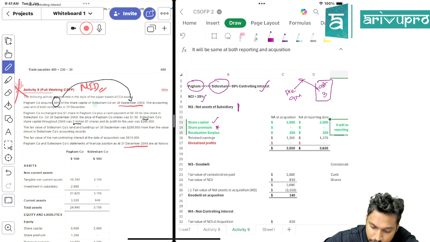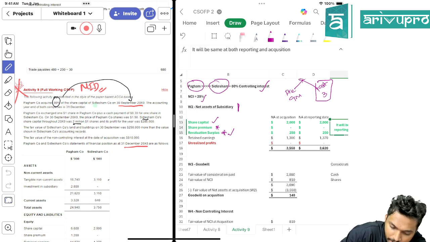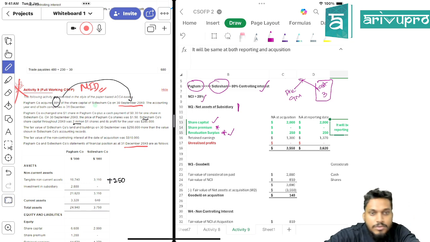This revaluation surplus will increase by 250,000, so you need to compute that 250,000 at the reporting date and at the acquisition date. And also, don't forget, your tangible non-current assets will increase by 250,000. The asset value will increase by 250,000 when you are making your group accounts, otherwise your group accounts won't tally.